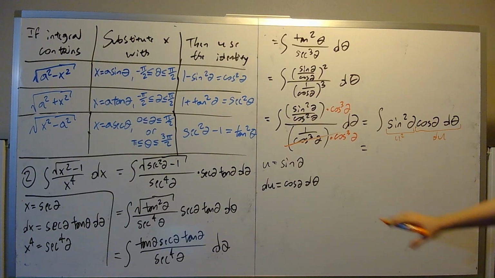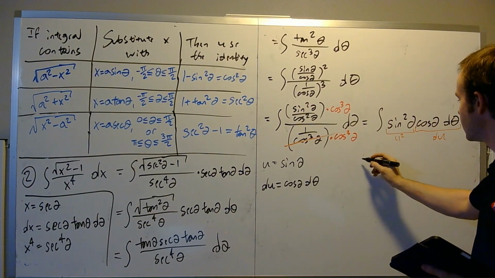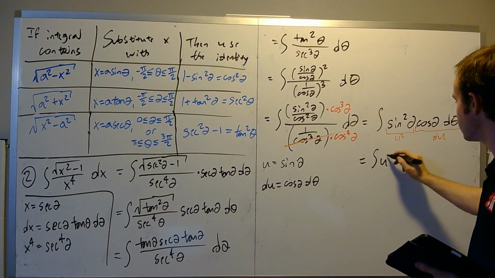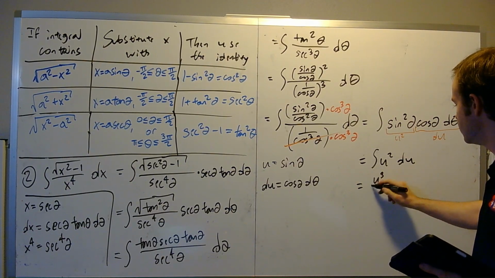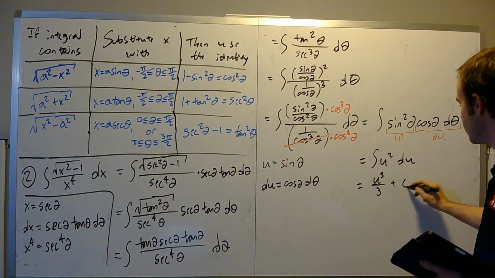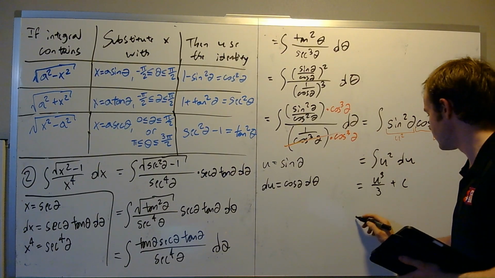Right? So if you look at the work we did here, that matches up with this. And now let me give myself a little bit more space here. We're going to get the integral of u squared du, which is u cubed over 3 plus c. And then you just had to replace what u was, so u was sine theta.